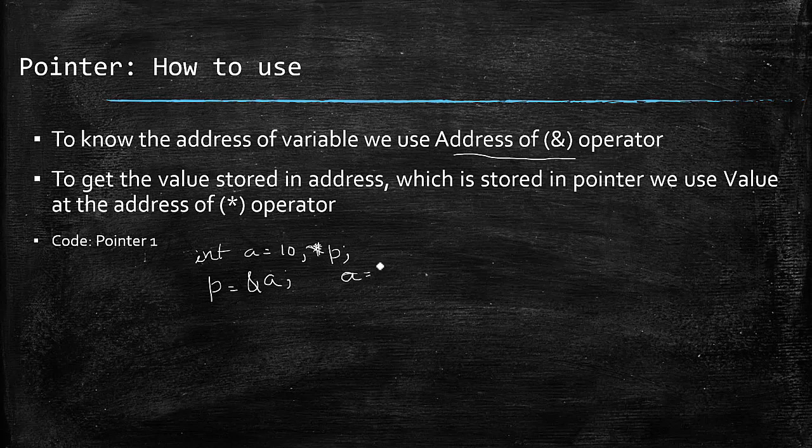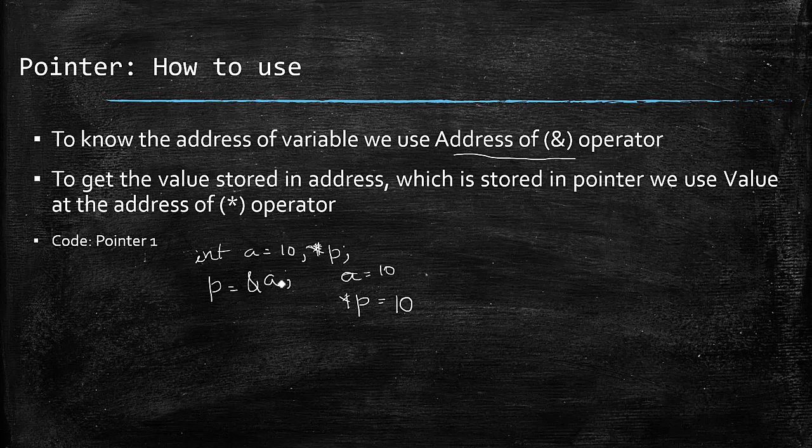If I want to access the value of a using p, then we need to use asterisk p, and this will give me the value 10. This asterisk operator is called value at the address of. Which address? The address stored in p. So it is 10 because I have assigned the address of a into p.